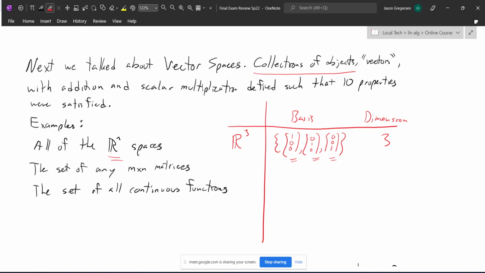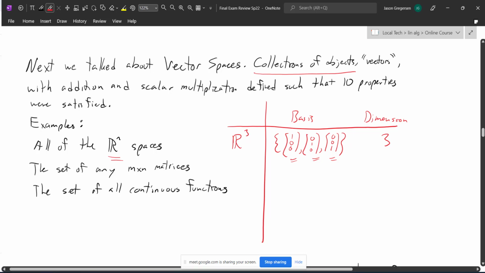Another example of a more abstract vector space is the set of all m by n matrices. So if I look at the collection of all 2 by 3 matrices, that set of objects would be considered a vector space.